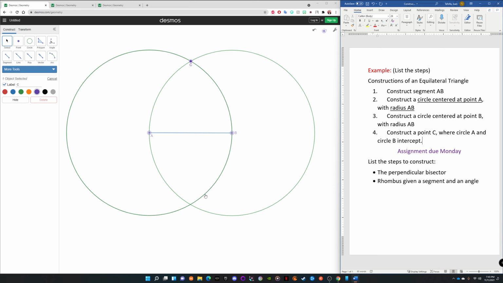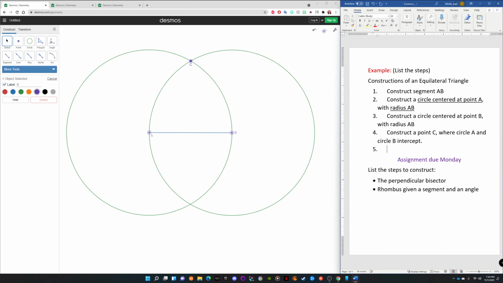That's it. That's your point. Be mindful of the naming of the circles. If you take a look at this circle over here, this circle would be called circle A because it's centered at A. Then this other circle on the right would be called circle B because it's centered at B. So this point happens where circle A and circle B meet, where they intersect.